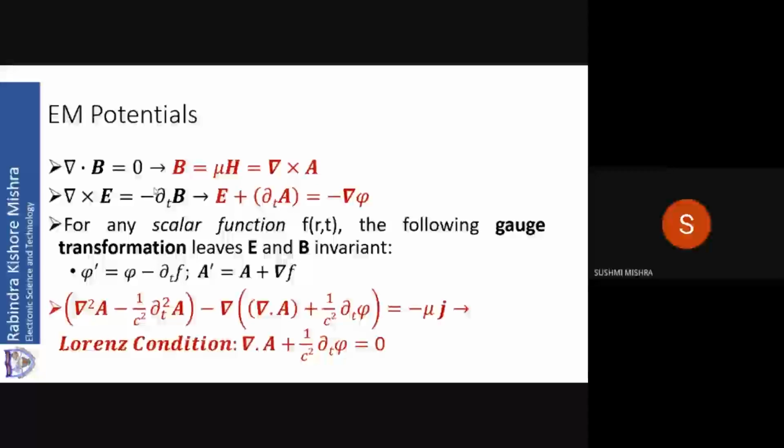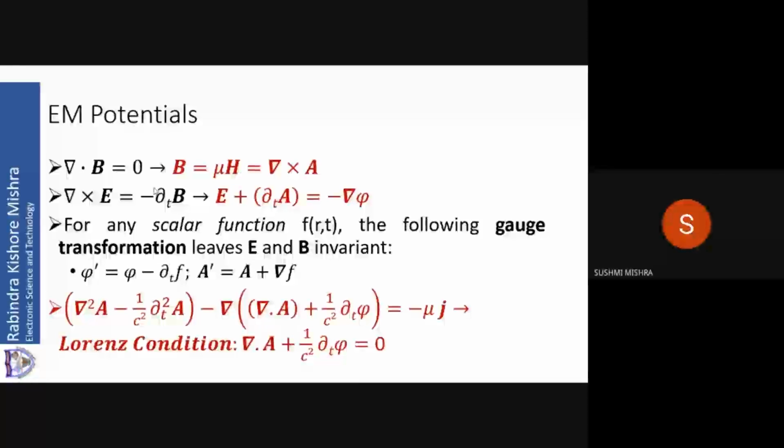Then we used that in curl of E, which is minus the time derivative of B. For B, we used curl of A, and ultimately we found out E plus time derivative of A is equal to minus grad phi, where phi is called the scalar potential.